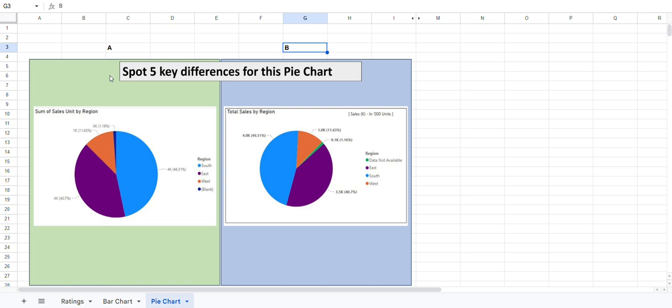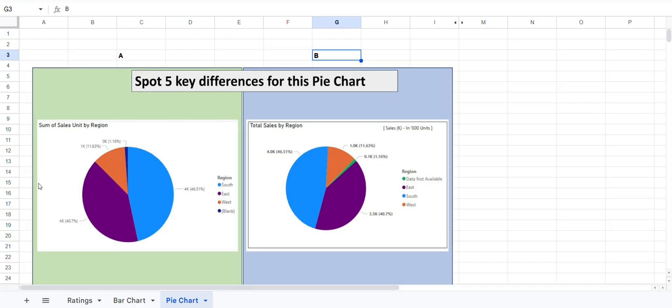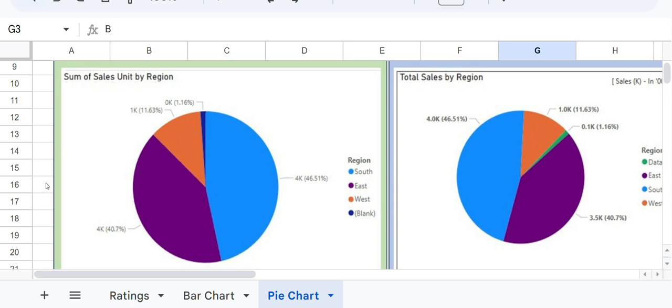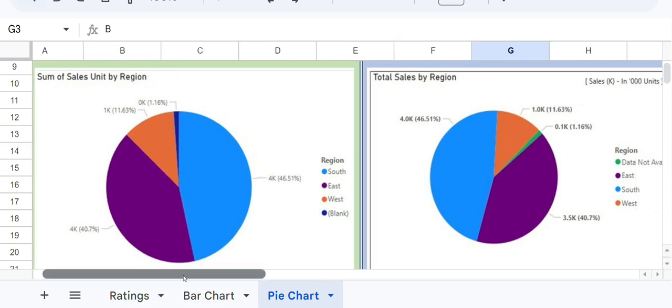When I created these charts in Power BI, it gives me this particular representation. From looking at the chart, what are those anomalies, little differences that you can understand from these two charts?